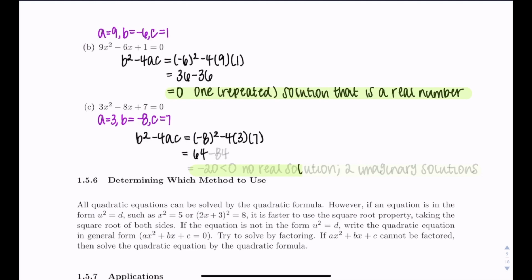And negative 4 times 3 times 7 is negative 84. And 64 minus 84 is negative 20.